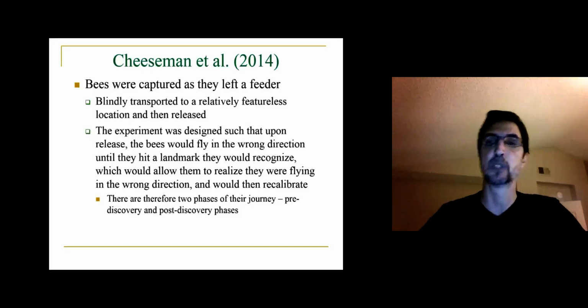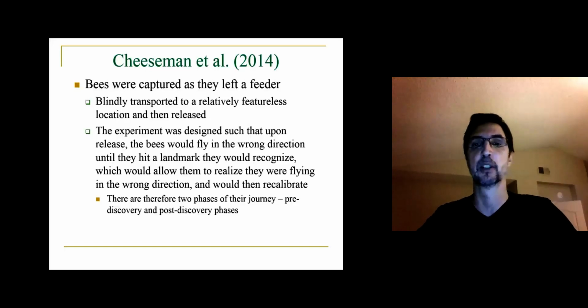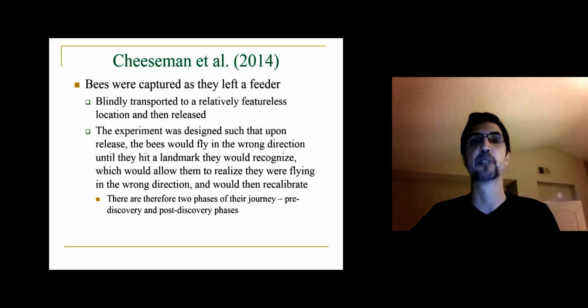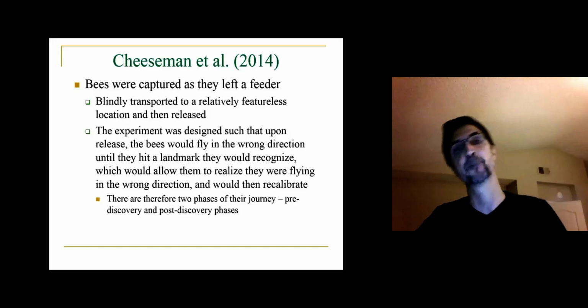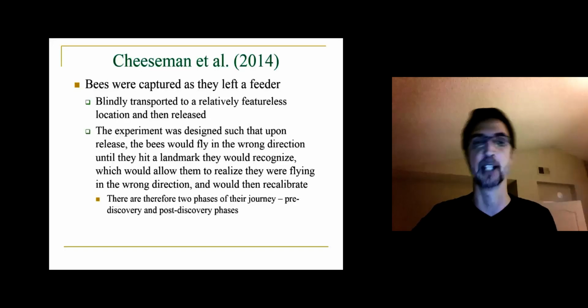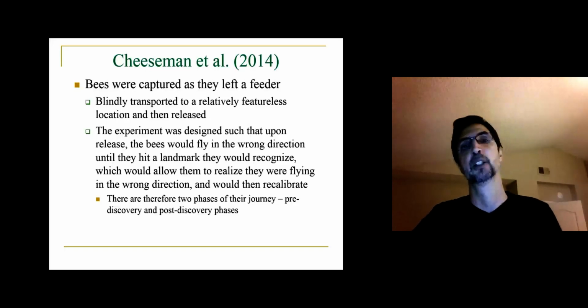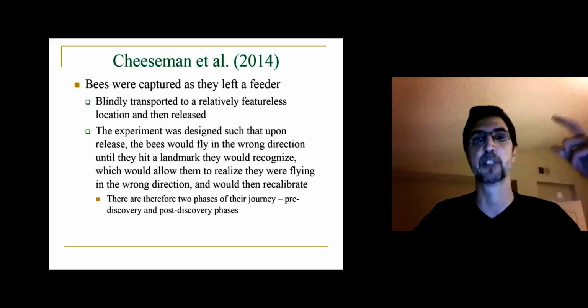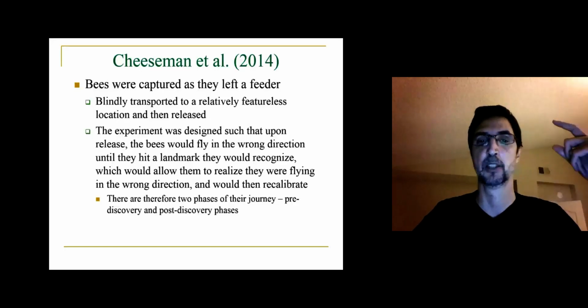The experiment was designed such that upon release, the bees would fly in the wrong direction until they hit a landmark that they recognize. And this would allow them to realize that they were flying in the wrong direction, and they'd be able to adjust and recalibrate and then find the hive. So these phrases are going to come up again and again when I discuss this.